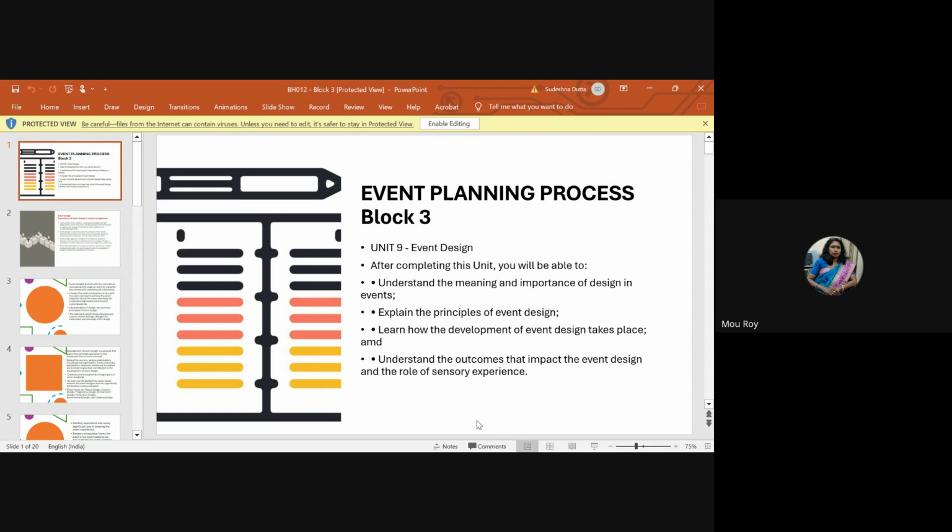I try to cover 1 unit in 4 slides, so it comes to roughly 40. But this unit, block 3, is the last block of the event planning process, and it has 5 units. So I have tried my best to make it short and small with a lot of information as well as some videos.